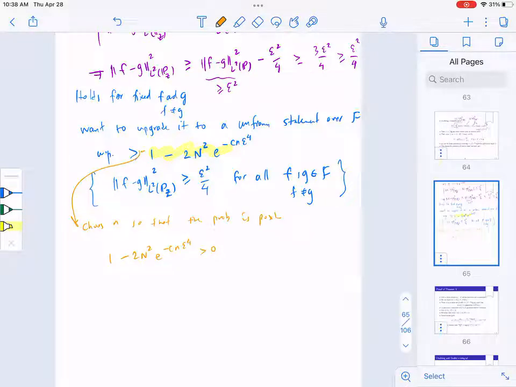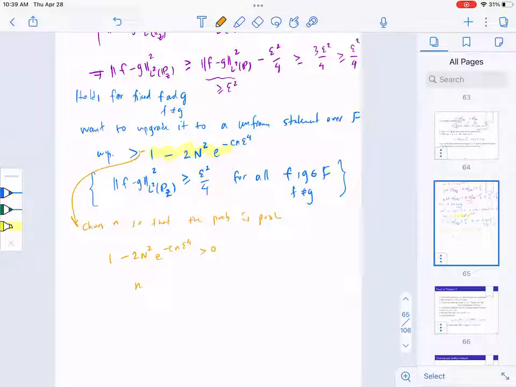How should you make it positive? So if I take n to be at least, if n is big it's good.